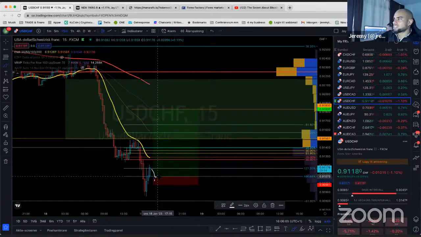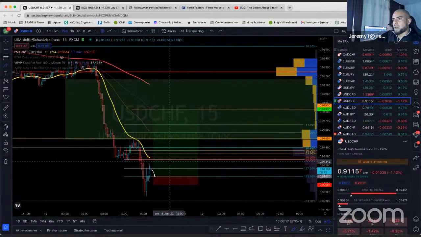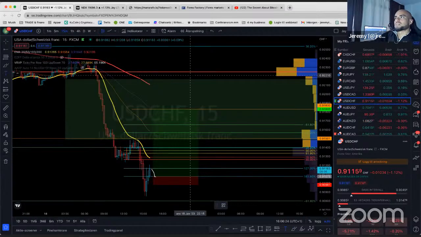And the entry zone is 0.9107 US dollars. That's the entry zone. Take profit 1, I will put at 91.25. Let me text this for you guys so you can see it.